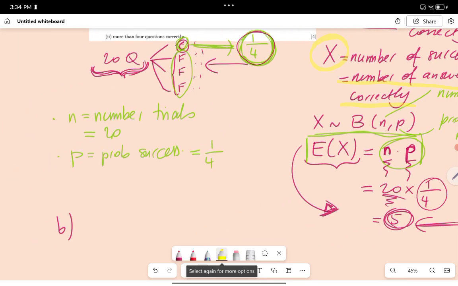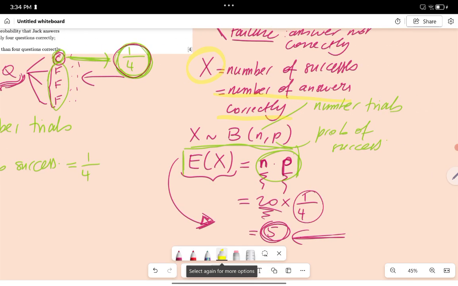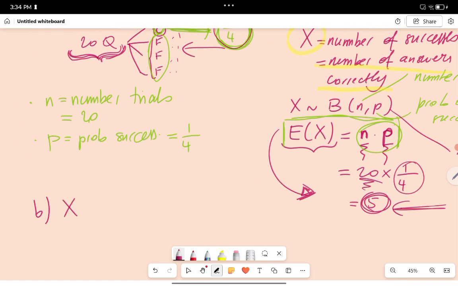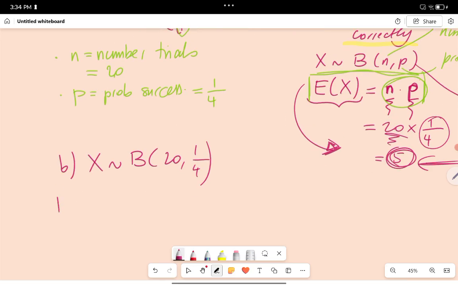And now we know that X is binomially distributed with an N and a P. So X is B(20, 1/4), right? So X is the number of correctly answered questions. And therefore, we're looking for the probability that X is exactly 4, isn't it? The probability that Jack answers exactly 4 questions correctly.